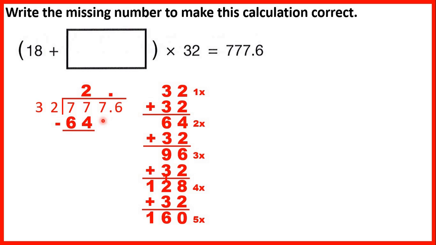Now we subtract and bring down. 77 minus 64 is 13, and if we bring down the 7, we have 137 divided by 32. The closest number to 137 is 128. So we can write that below, and because that's 4 times, we write 4 in our answer line.